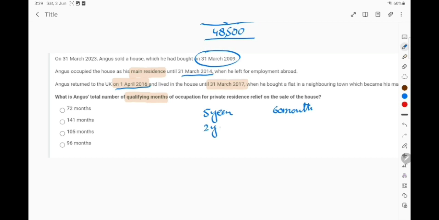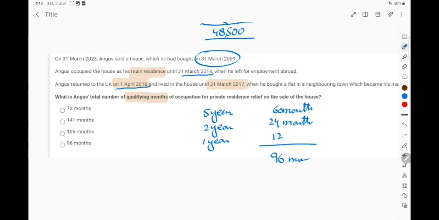Any period he lived abroad due to employment is deemed to be an occupied period. And then from 1st April 16 to 31st March 17, one more year he lives in the house. So this is a period of 12 months. This is actually a period of 24 and 12. So the total period is said to be 96 months.